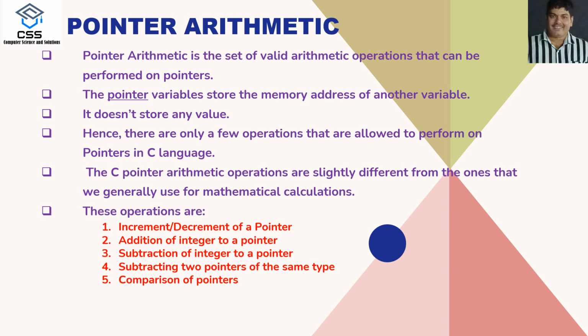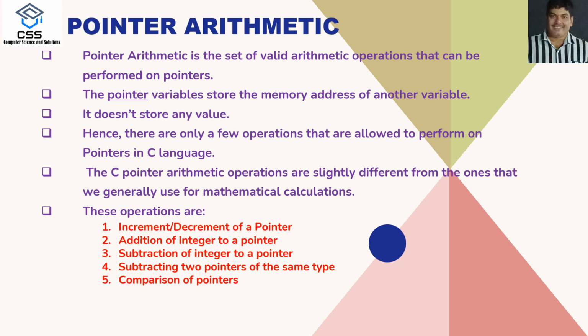Some environment means a 32-bit or 64-bit operating system. Suppose in some environment the integer takes 4 bytes, then 4 will be added to the address. Suppose a character consumes 1 byte, then 1 is added to the address. If it is a float, the address increases by 4 bytes. Likewise, in decrement, 4 bytes will be subtracted from the address according to the space consumed by the data type in memory.